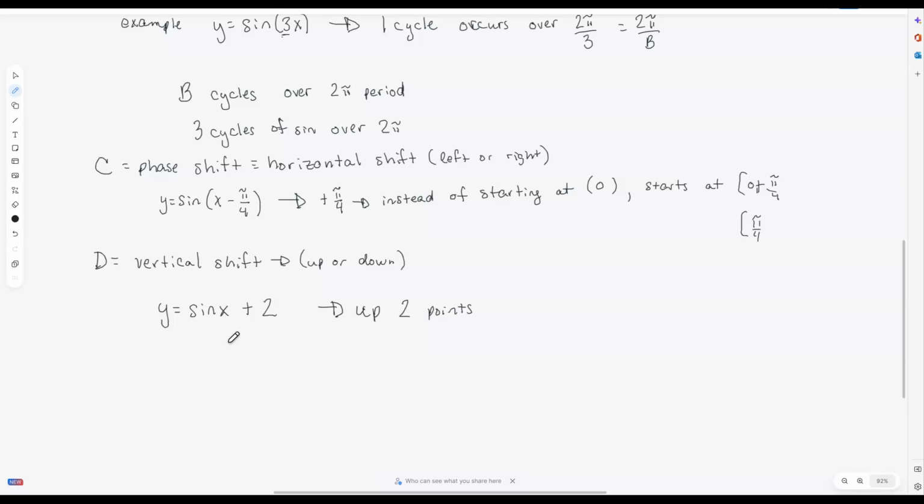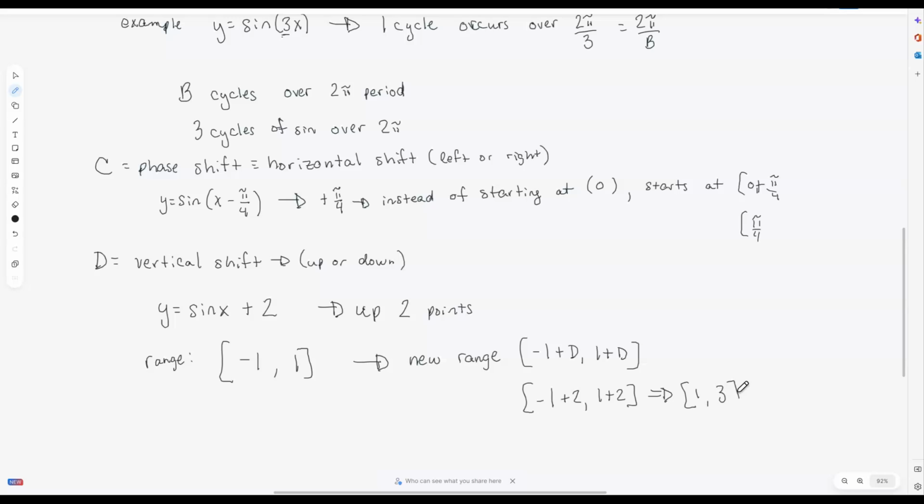So again, instead of my sine function having a range from -1 up to 1, my new range, when I add this, is from -1 plus d to 1 plus d, right? So in this case, it becomes -1 plus 2 to 1 plus 2. So my new range here is from 1 to 3, right?